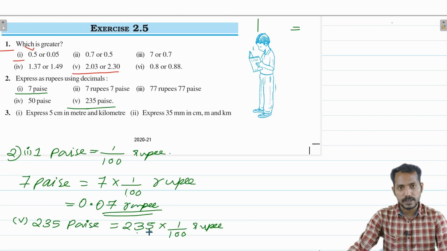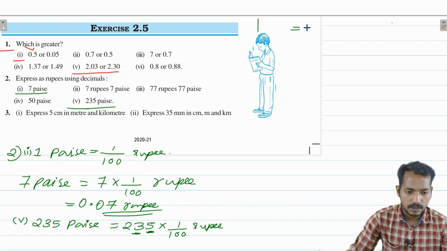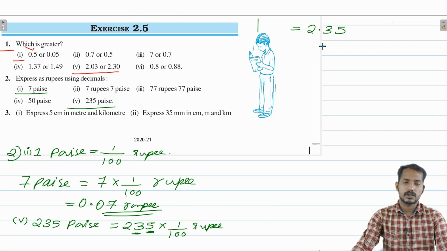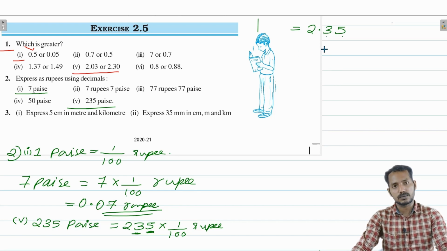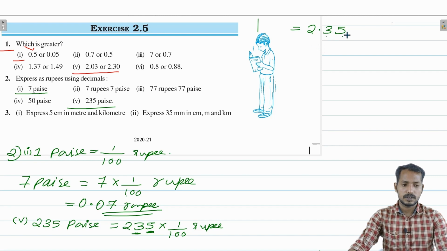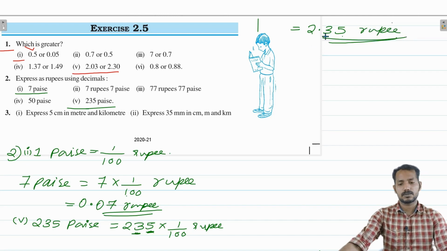We have to count from here. This will be at the 100th place and this will be at the 10th place. So the decimal point comes between 2 and 3. So 2.35. 5 becomes the 100th place and 3 the 10th place after the decimal point. Count from the right side to the left. So 2.35. Very simple.